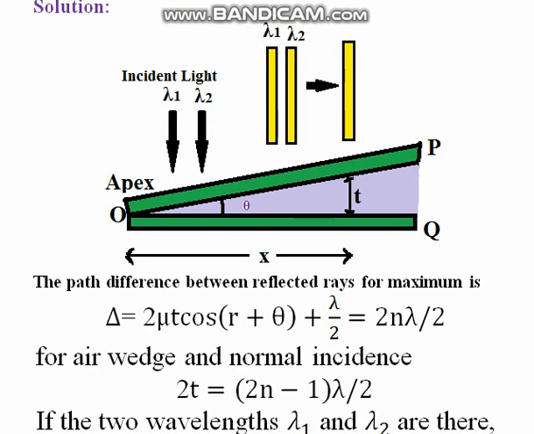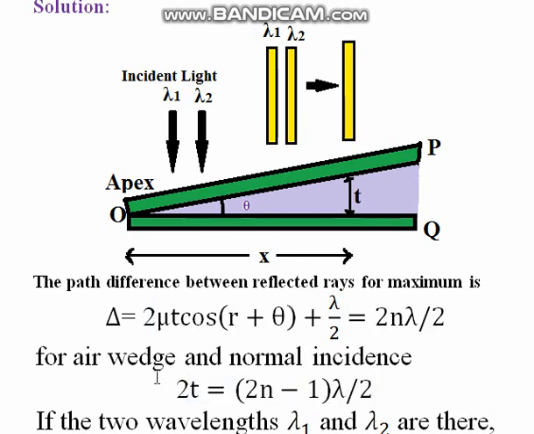Now there is another important point, that the position of this point from the apex point is small x. So let's apply the path difference formula. The path difference is given by this relation.